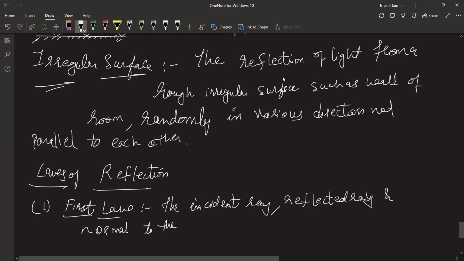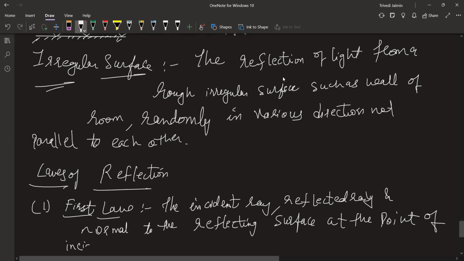That's what I'm going to write: the incident ray, the reflected ray and the normal to the reflecting surface at the point of incidence all lie in the same plane.